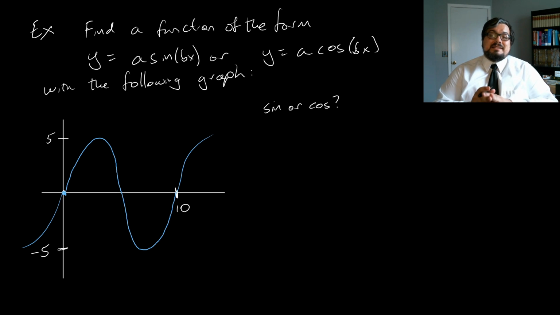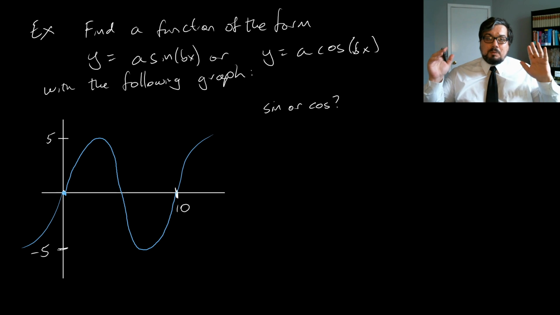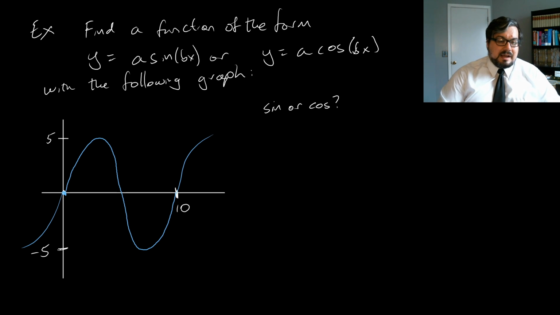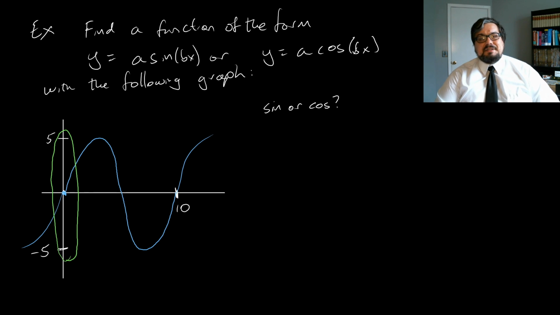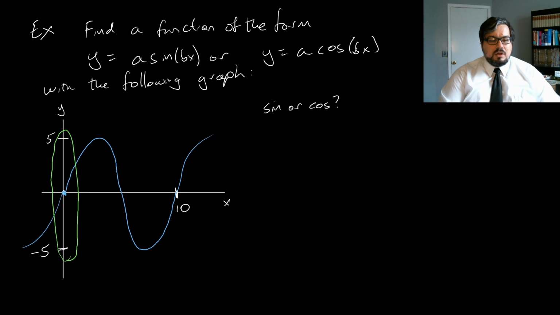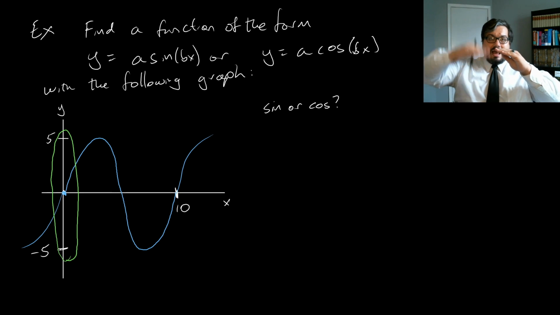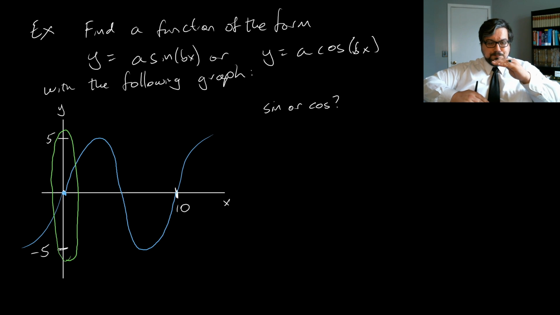What that means is that their normal period, their normal 0 to 2 pi period, is going to be from 0 to something, which means that we can tell whether we're looking at sine or cosine by looking at what's happening at 0 when x is 0. So since this graph is starting at the origin, is starting in the middle of our range that the function goes through, that means it's a sine.